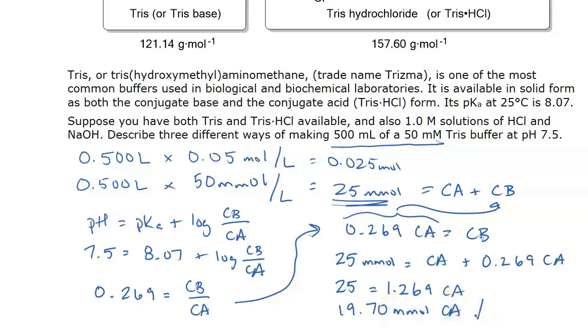So how much conjugate base? Well, they have to sum up to 25, so just take 25 and subtract that last amount, and you get 5.30 millimoles of conjugate base. That math is going to be the same for all three methods of making the buffer. However you make the buffer, you need to end up with this ratio.